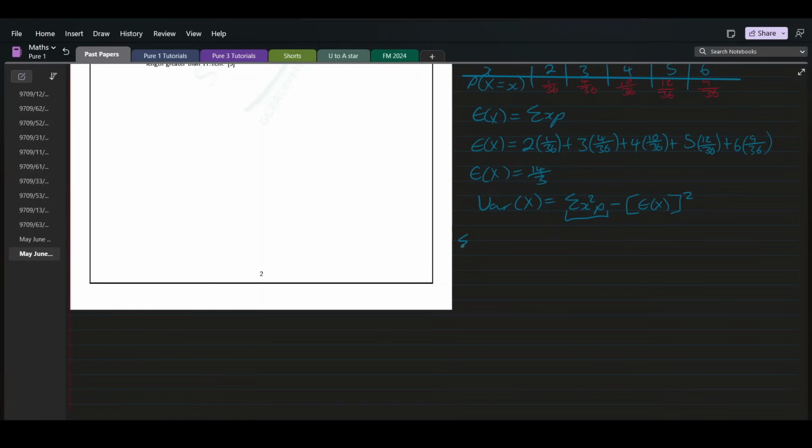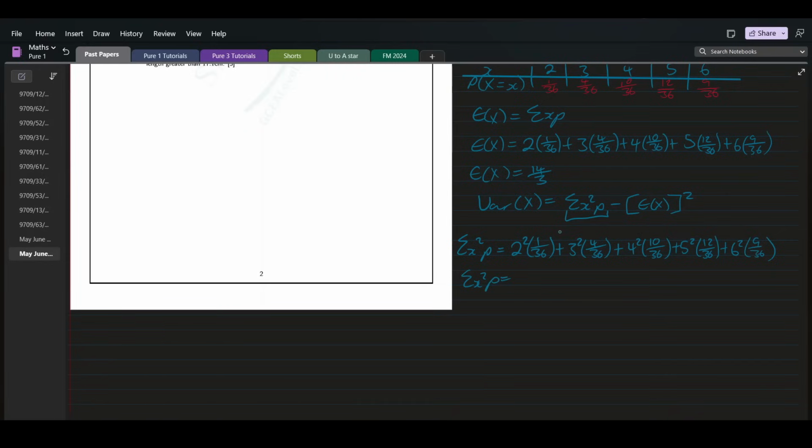That will be 2 squared times 1 over 36 plus 3 squared times 4 over 36 plus 4 squared times 10 over 36 plus 5 squared times 12 over 36 plus 6 squared times 9 over 36.